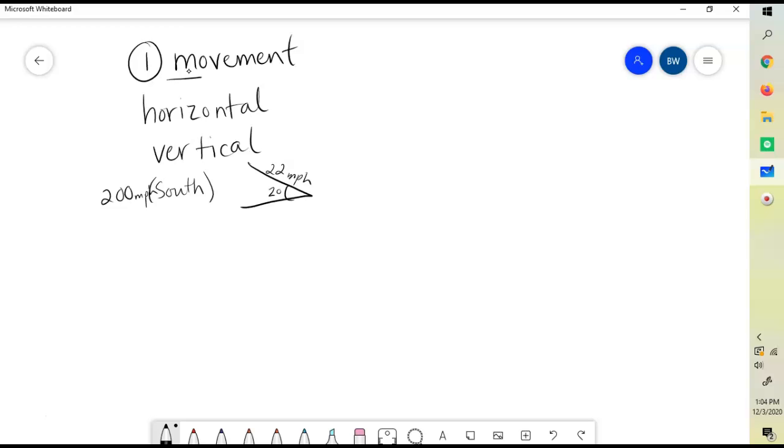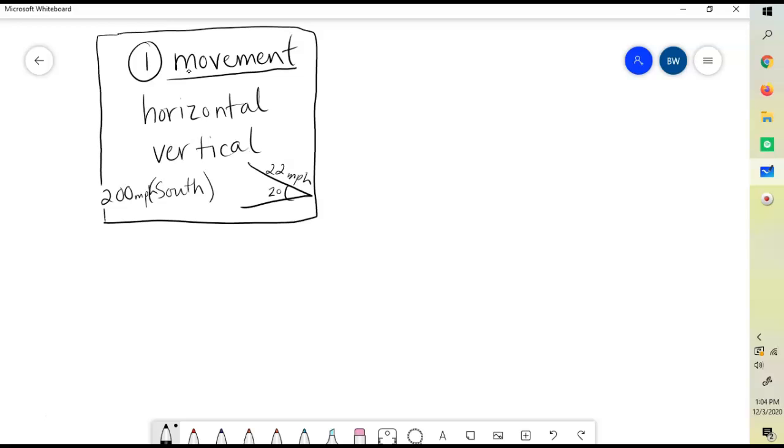Once you have this movement that you are given, a series of movements in these word problems, what you're going to be asked to do is then change all of those movements into vector notation.